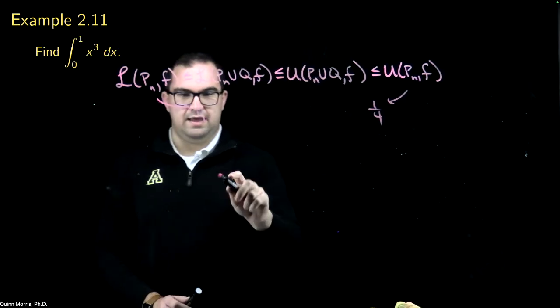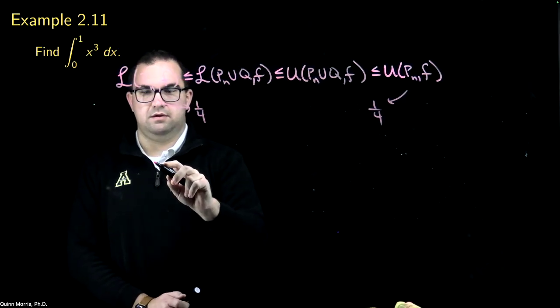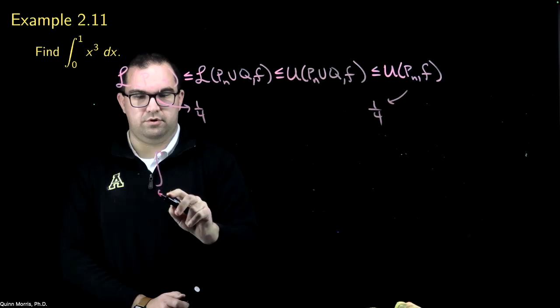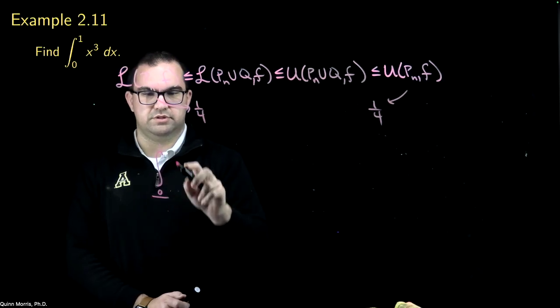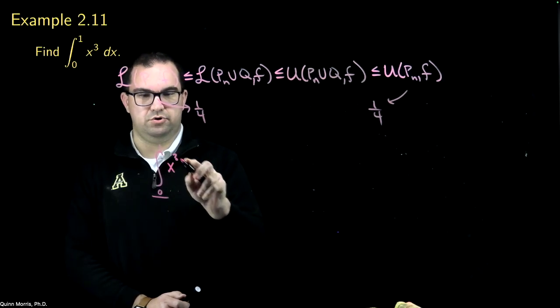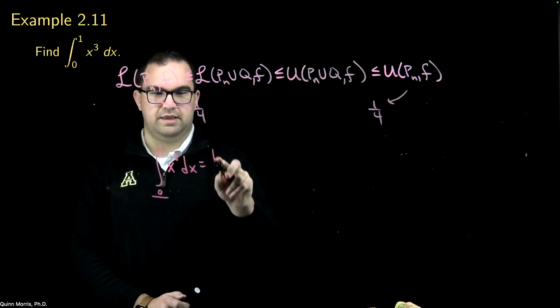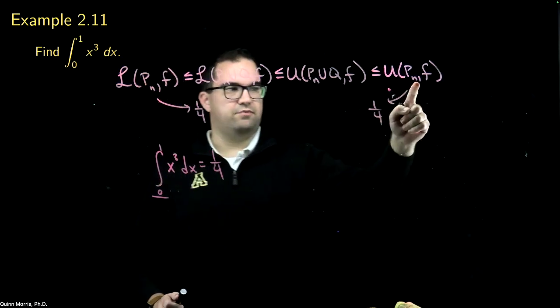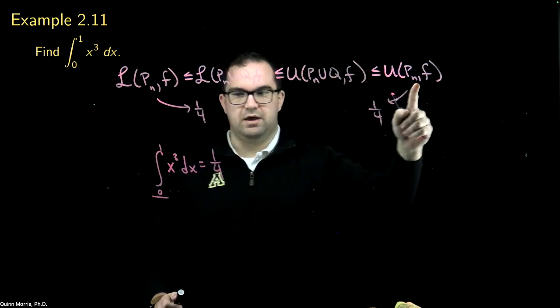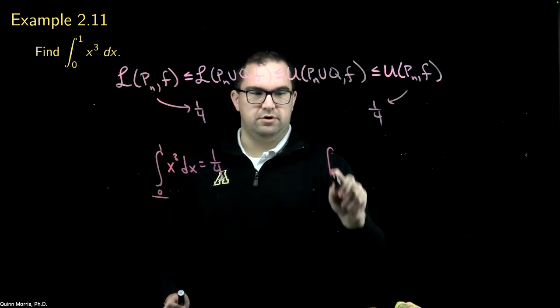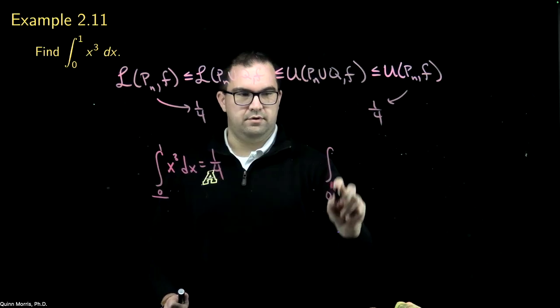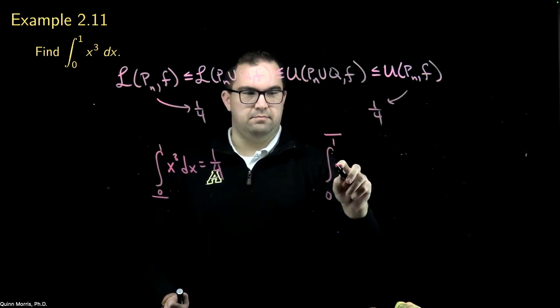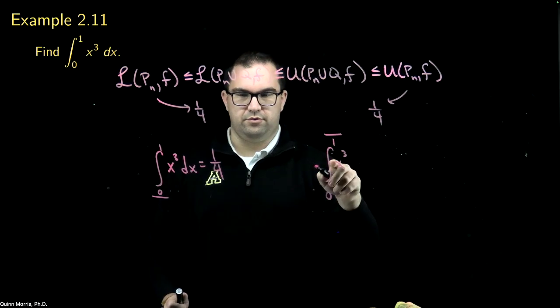Which is, of course, that the lower Darboux integral of x cubed is equal to 1/4. This is coming from the supremum of the lower sums. We also end up with the upper Riemann integral of x cubed being 1/4, coming from the infimum of the upper sums.